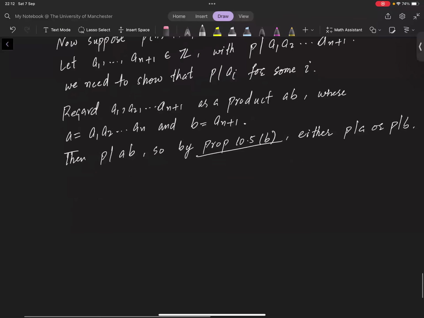Now we have two cases. If P divides A, that is to say that P divides A1, A2 up to AN.